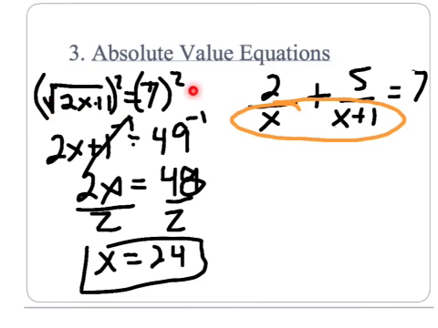With a radical equation, the trick is isolate the square root and then square each side, or cube root, whatever. In rational equations, we have to multiply everything by the lowest common denominator. That gets all the x's off the bottom, then we can isolate the x's. Absolute value equations is going to be no different. There's going to be a little trick that's going to help us solve absolute value equations. So let's take a look.